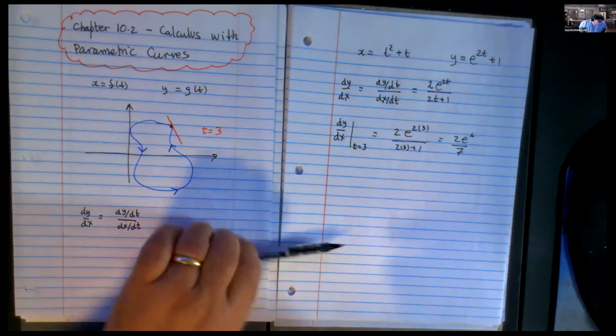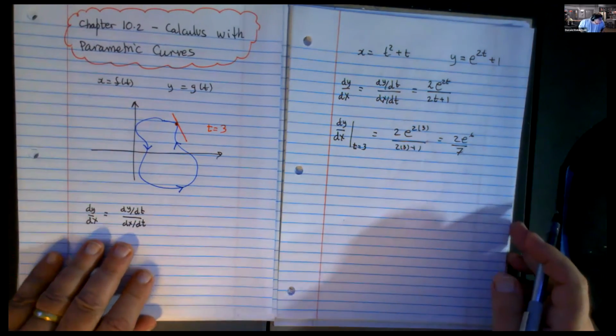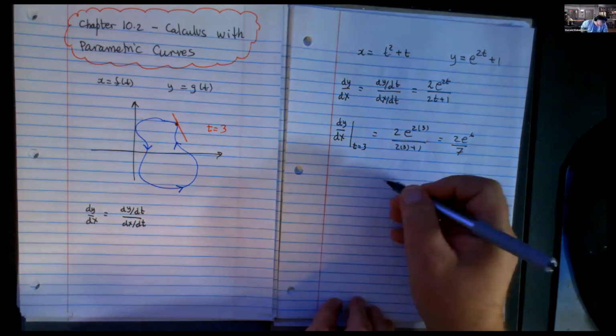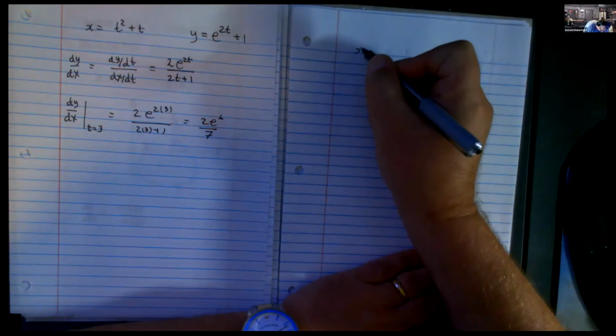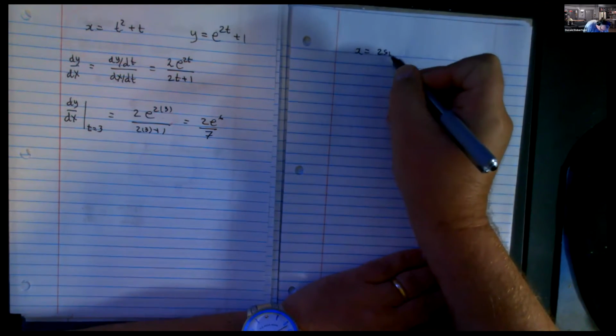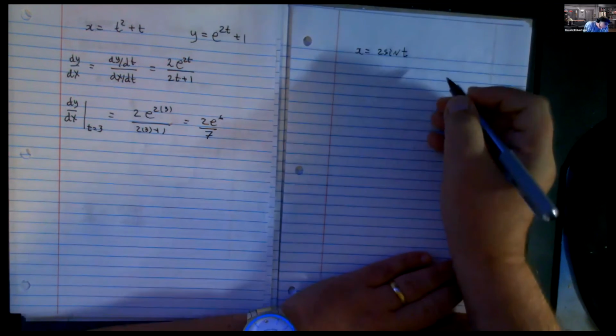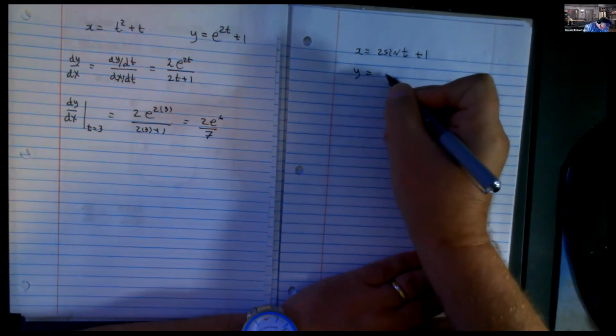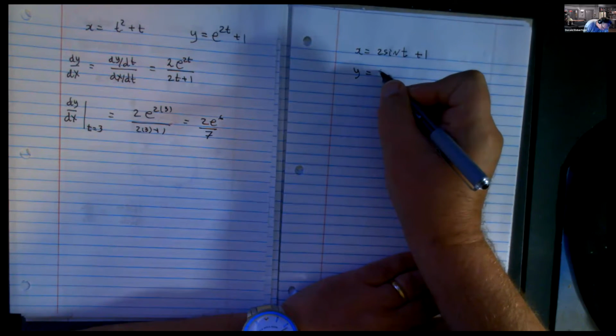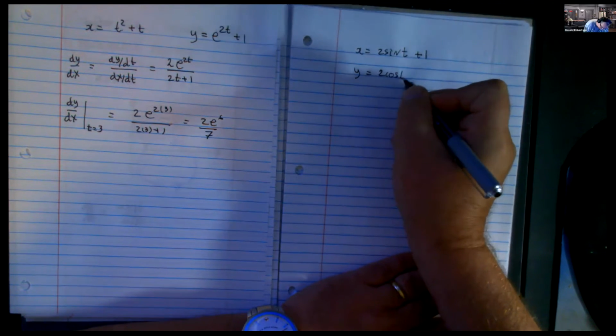Now, imagine I wanted to find, and let's do a different curve. Try to think of a curve. How about x equals 2 sine t plus 1 and y equals 2 cosine t minus 1.